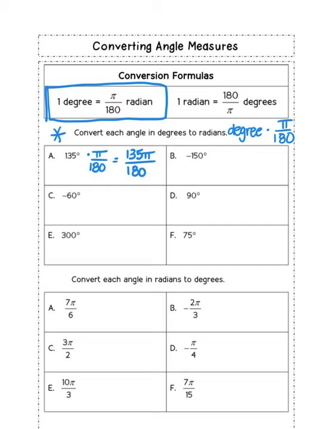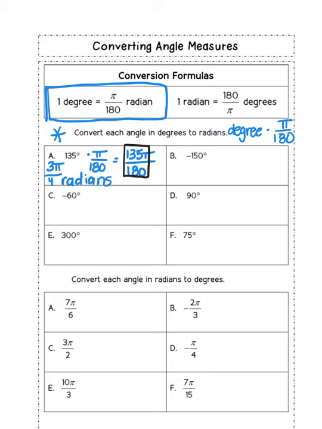So we don't have to round. We want an exact answer. If I simplify 135 over 180, that is going to turn into 3 over 4. So my simplified answer in radians is 3 pi over 4 radians.